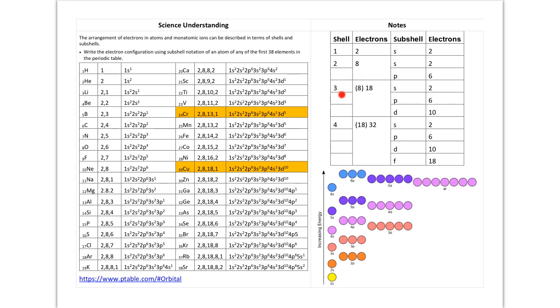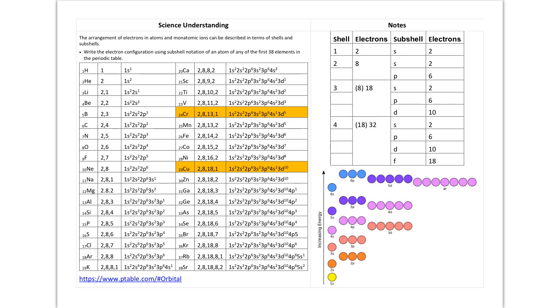The third shell can actually hold 18 electrons, but once we get 8 electrons in the third shell, then the fourth shell will start to fill up. And once the fourth shell has 18 electrons, the fifth shell will start to fill up, but the fourth shell can actually hold 32 electrons, although we're not going to worry so much about the fourth shell.